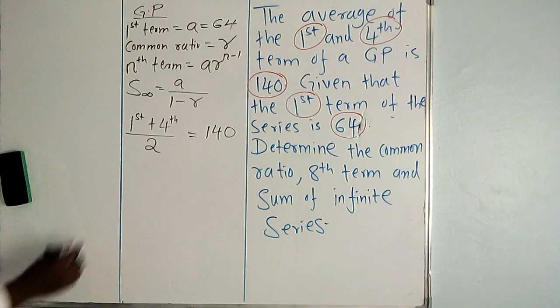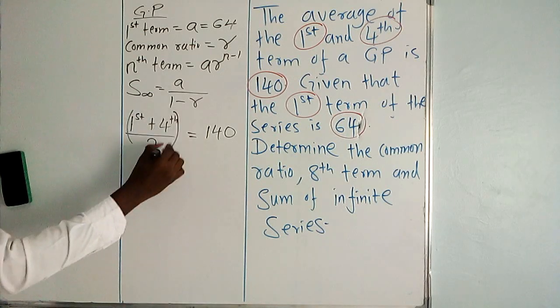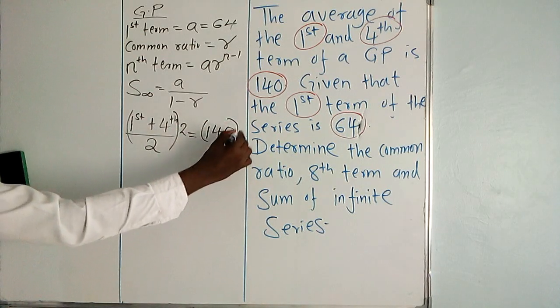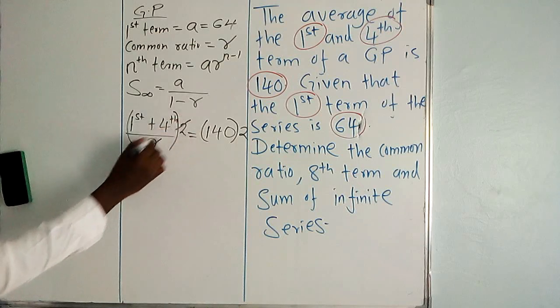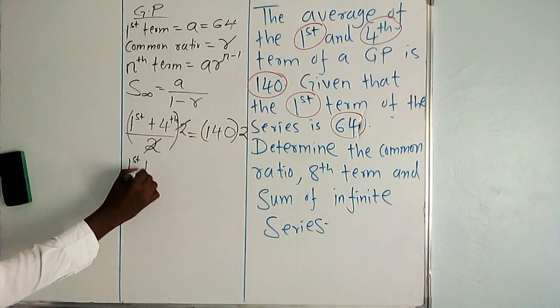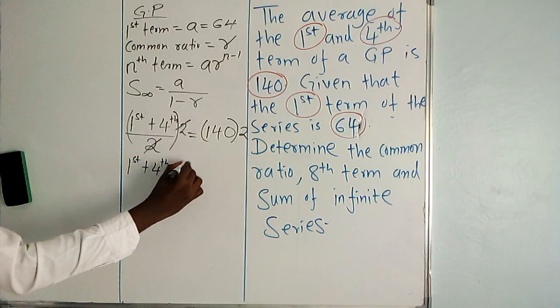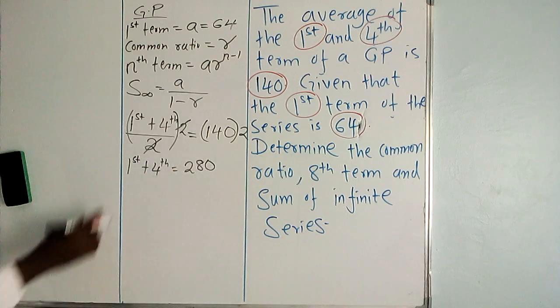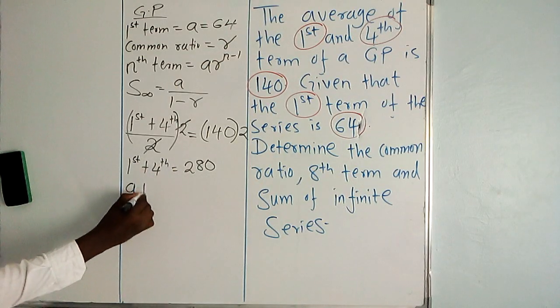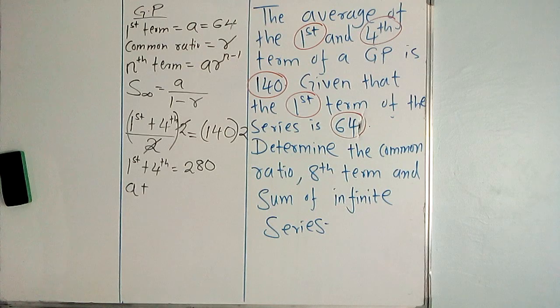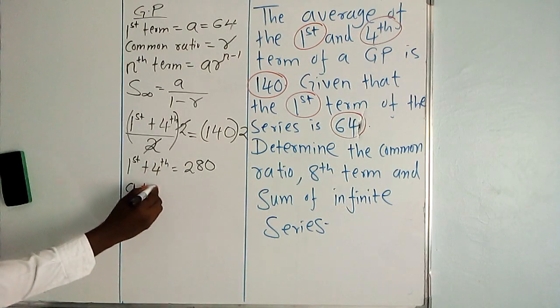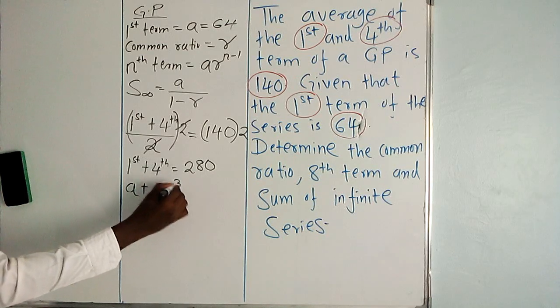So you can multiply both sides by 2 to get rid of the 2 in the denominator. If you multiply both sides by 2, you get first term plus fourth term equals 280. Then the first term is A, and the fourth term is, remember, the nth term is AR raised to power n minus 1.